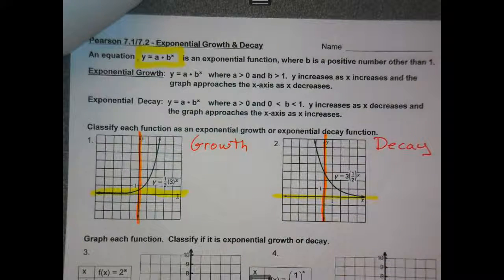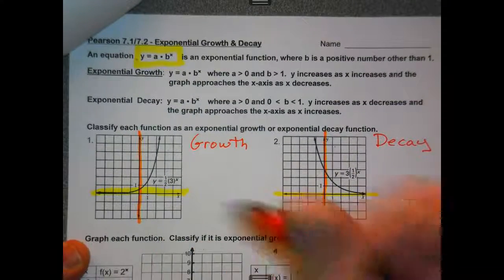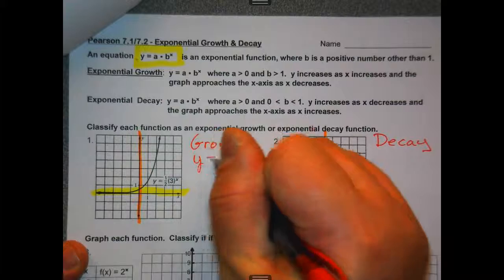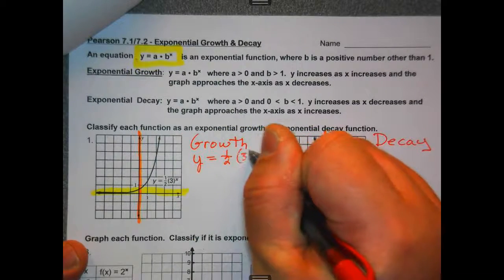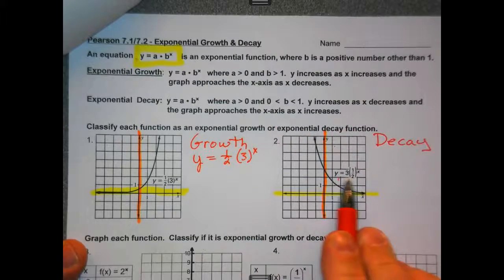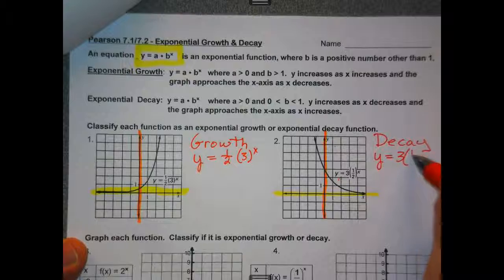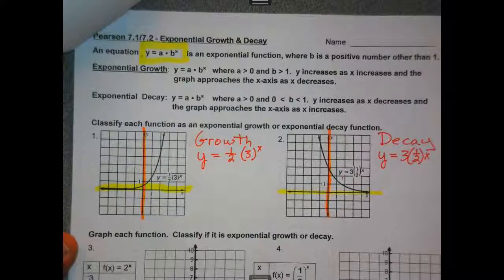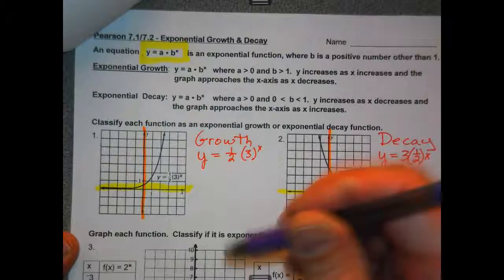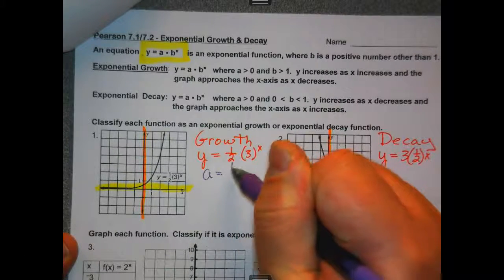Now, here's the function. y equals 1/2 times 3 to the x, and this function is y equals 3 to the 1/2 x. Now, in number 1, what's my a? 1/2.